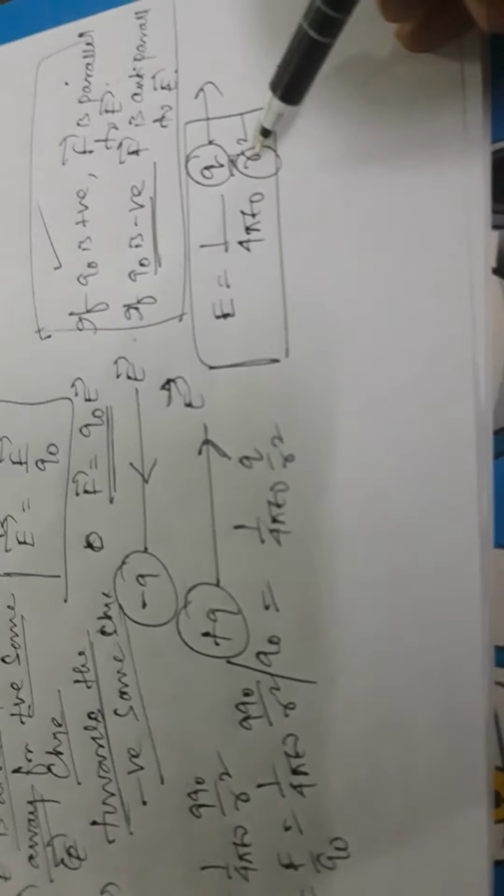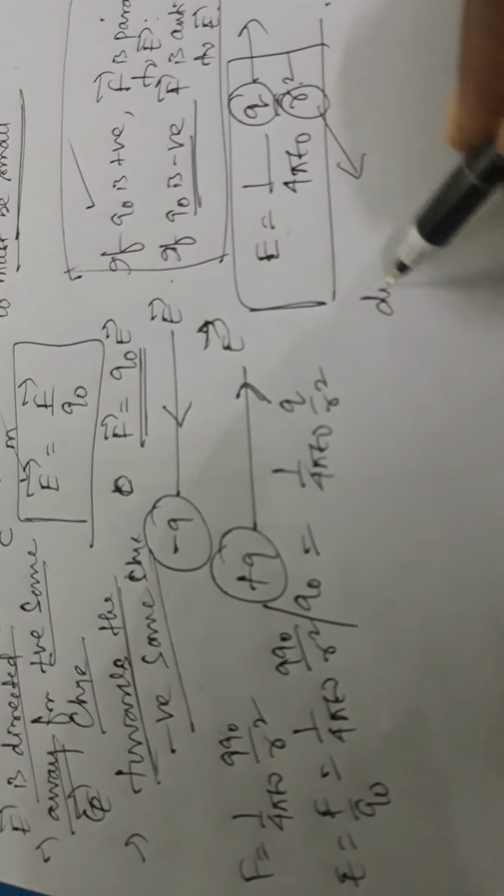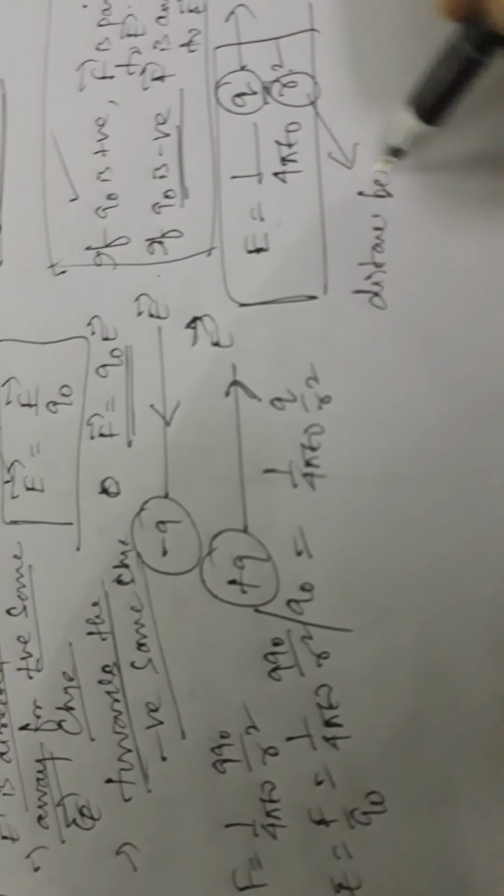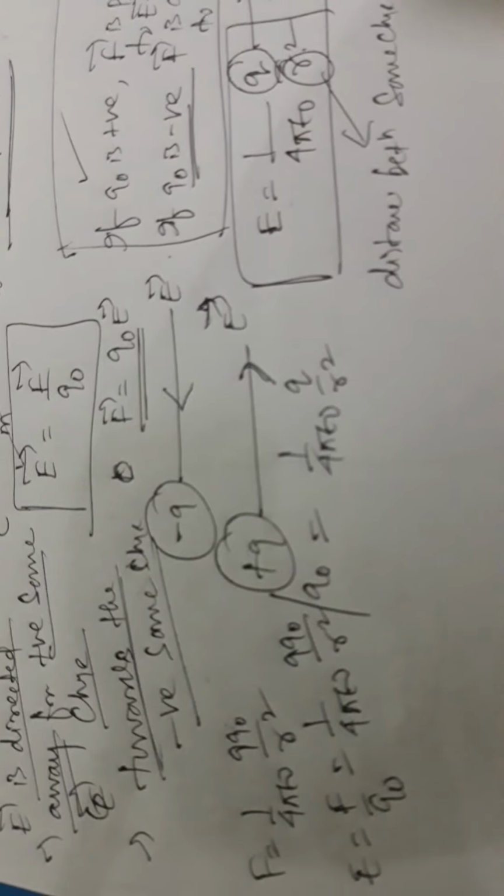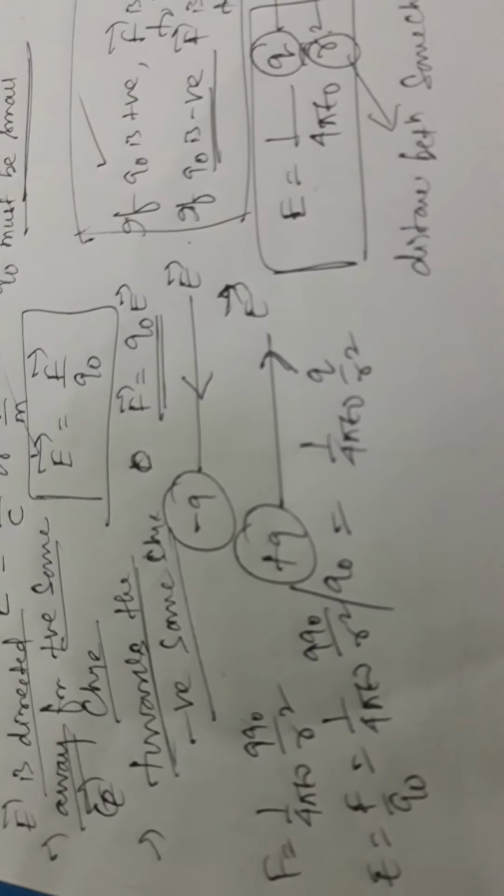So when you talk about E is equal to 1 by 4 pi epsilon naught q by r square, this r is the distance between the source charge q and the point of observation.